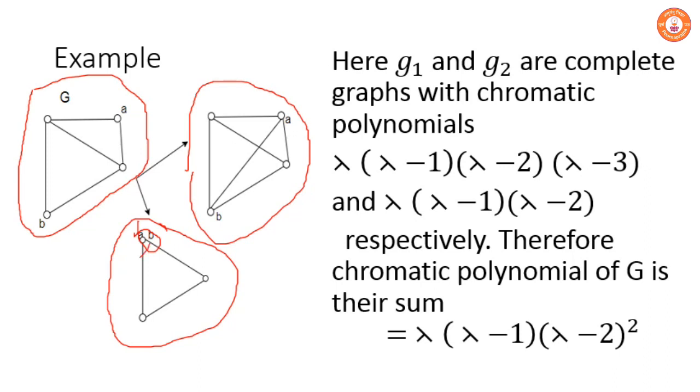The chromatic polynomial of G1 is lambda into lambda minus 1 into lambda minus 2 into lambda minus 3. Chromatic polynomial of G2 is lambda into lambda minus 1 into lambda minus 2. So the chromatic polynomial of the given graph is their sum, lambda, lambda minus 1, lambda minus 2 whole square.